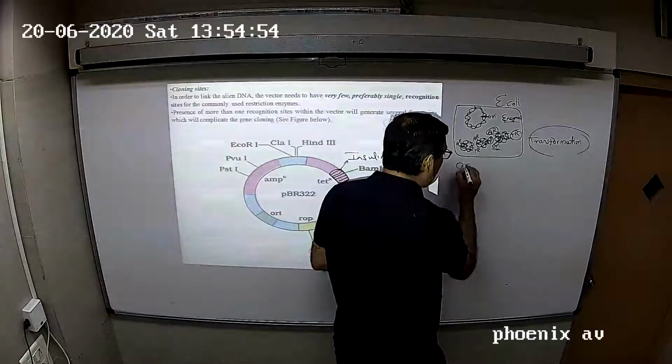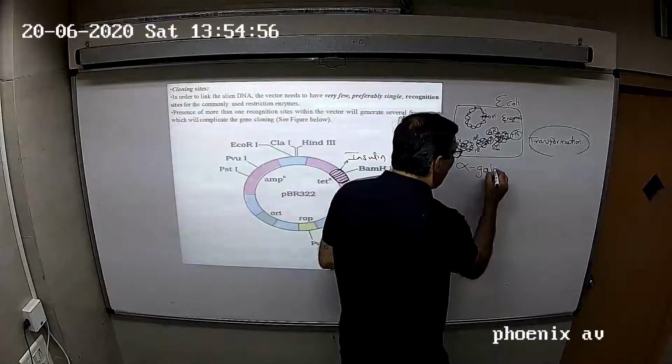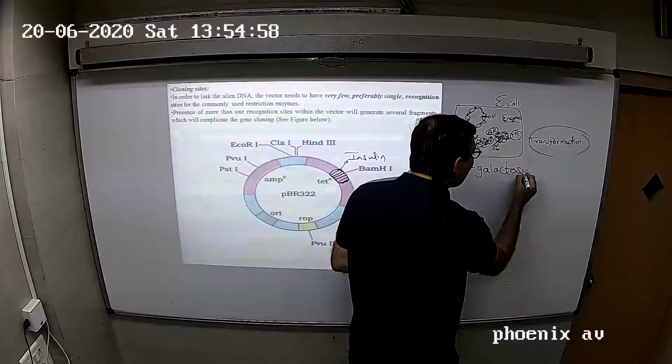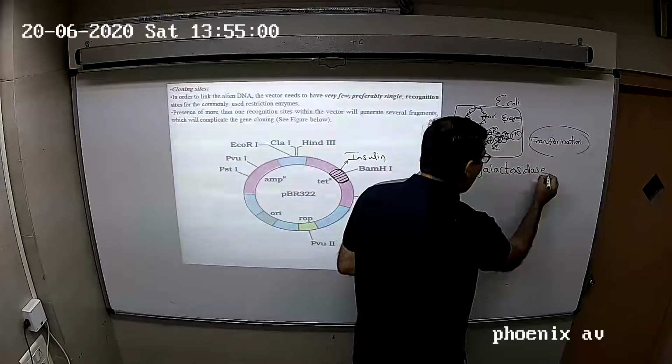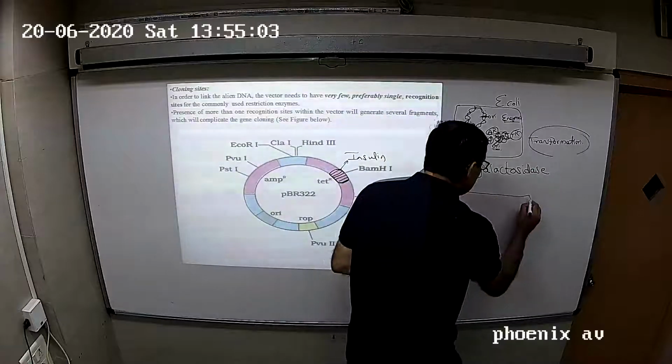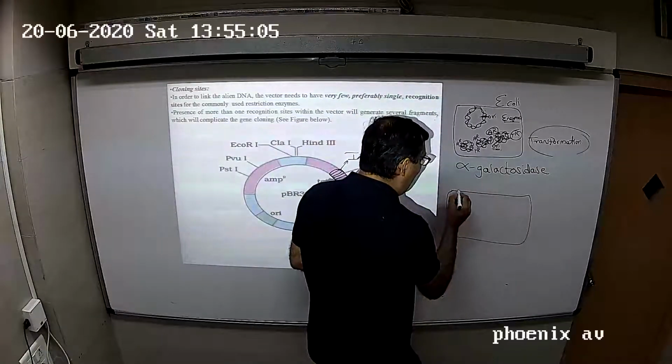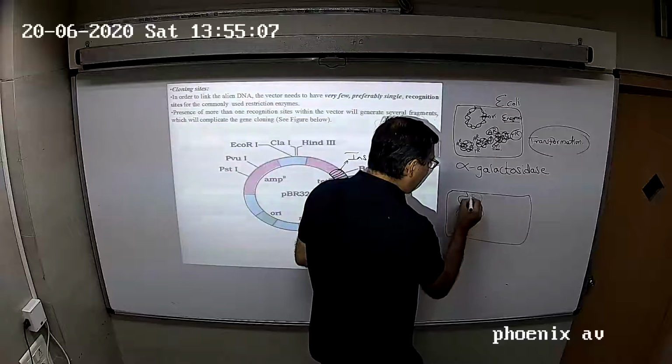So which gene is used? The alpha galactosidase gene. This is the bacterial DNA, and this is the plasmid DNA in the bacteria.